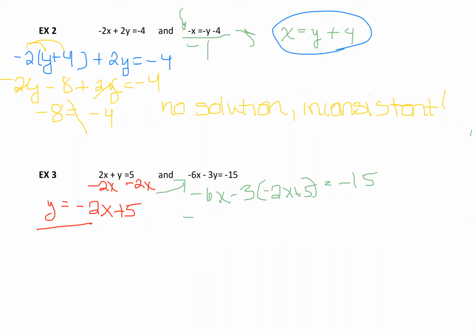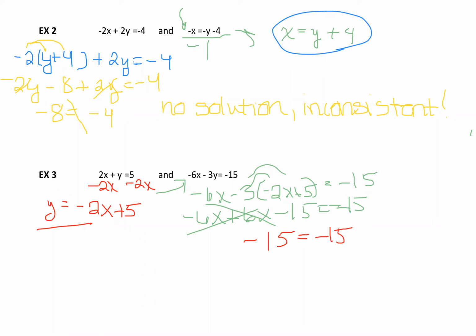So that gives me -6x plus 6x minus 15 equals -15. The x's cancel. Put 6 in, take 6 out. So you are left with a true statement that says -15 equals -15.